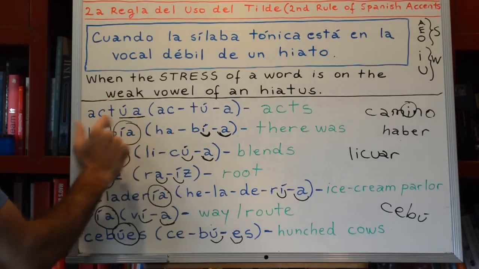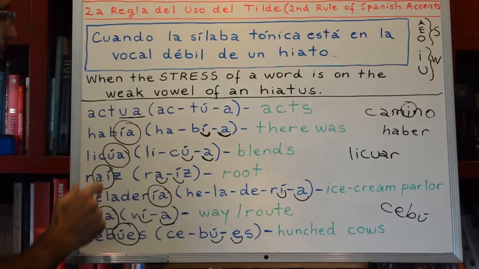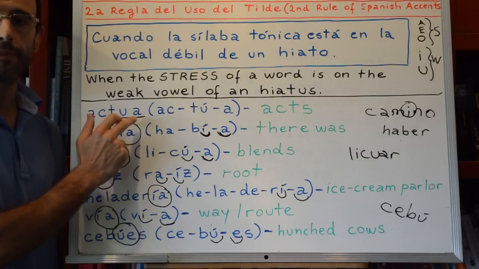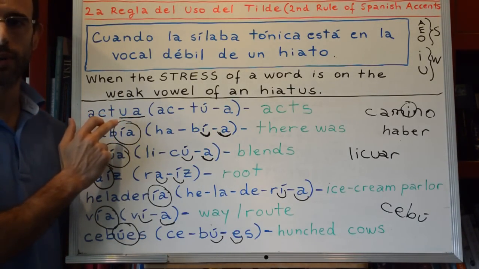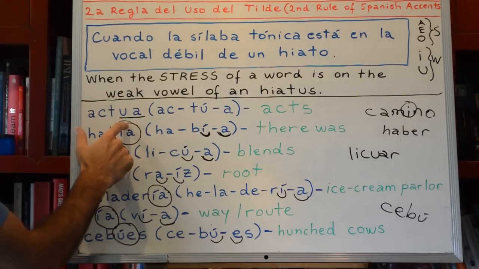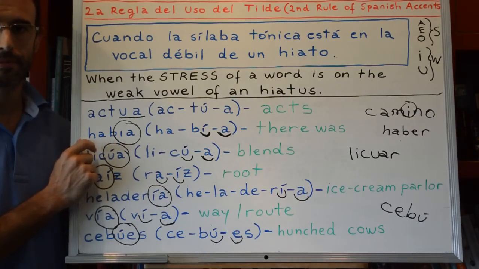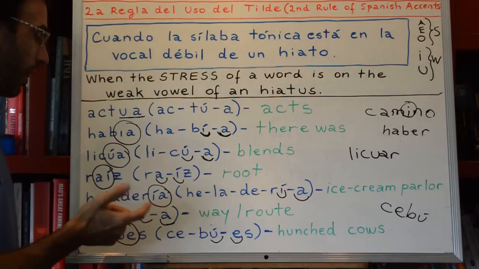This word is actúa. If we omit the tilde, instead of being pronounced actúa, it is pronounced actua, which means nothing. Había, if we omit the tilde, this reads habia, okay, which means nothing.